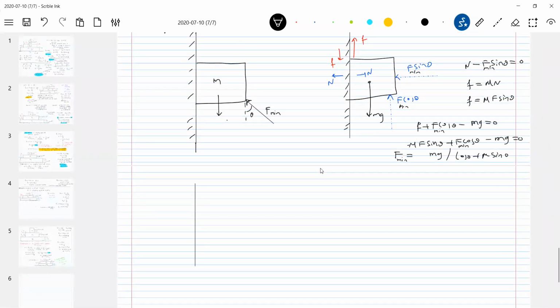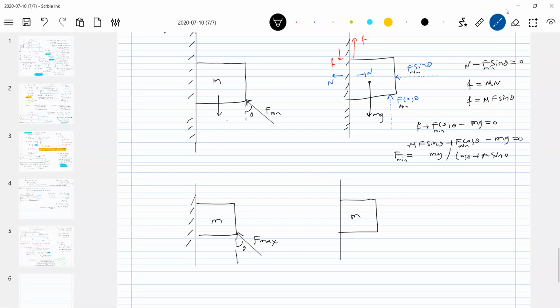Now I'll apply maximum force. The friction here, I'll change the direction. This will be mg. Both the conditions I brought at one place, do make observation.